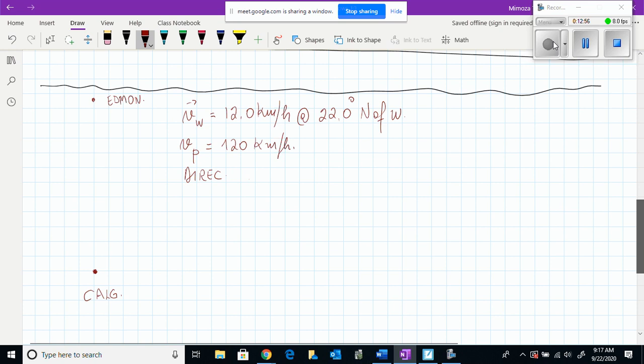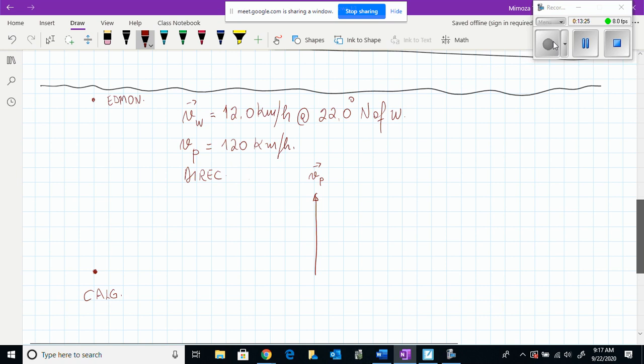But by heading straight north, affected by this wind, you will not end up in Edmonton, but somewhere else. So let's draw the situation as u, velocity of the plane, going up north to Edmonton.